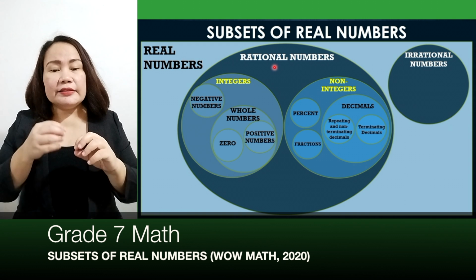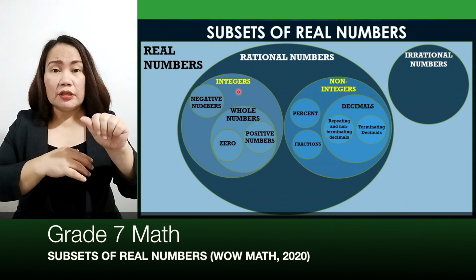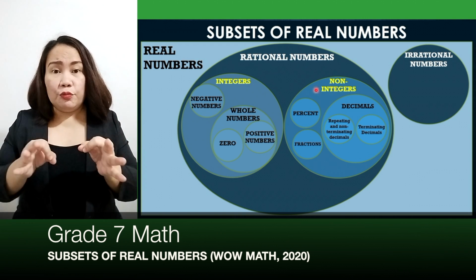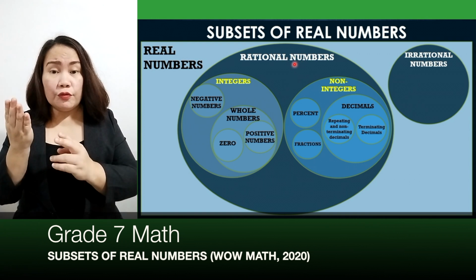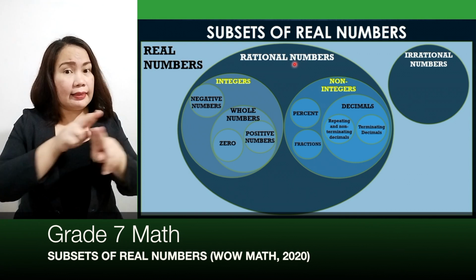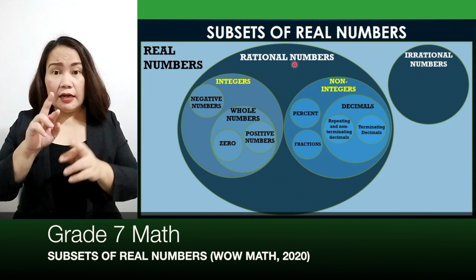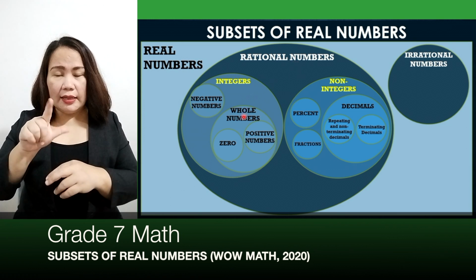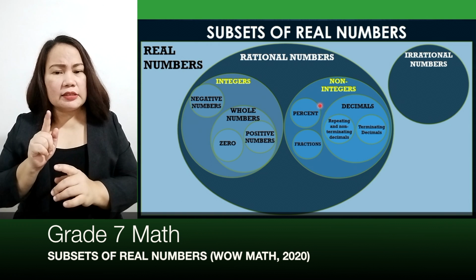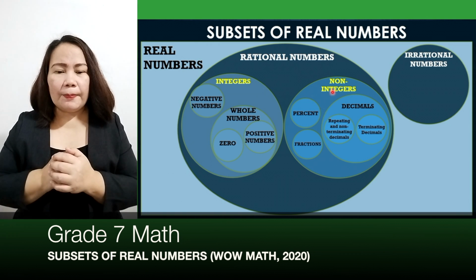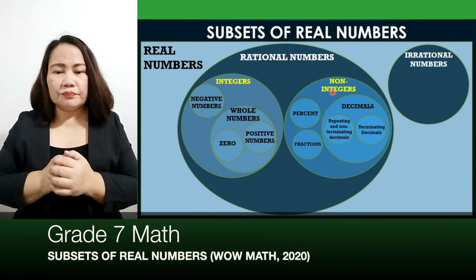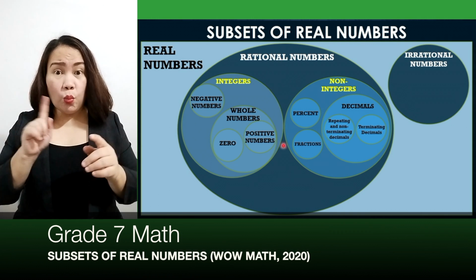So, if we will be getting the union of integers and non-integers, then that is rational numbers. Okay? And if we will be getting the intersection, pag kinuha natin yung intersection, anong meron sa integers and non-integers, the intersection of integers and non-integers, then that is an empty set. Kasi, as you can see, hindi sila nag-overlap.